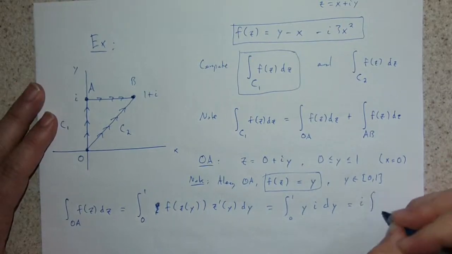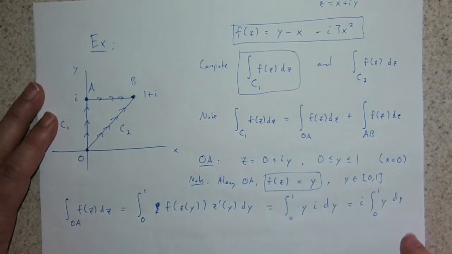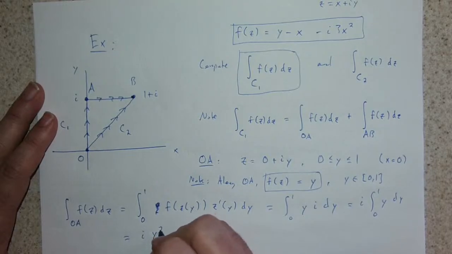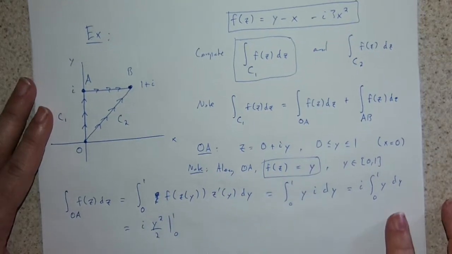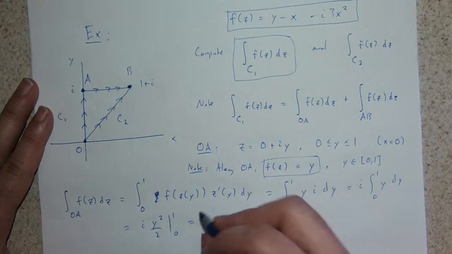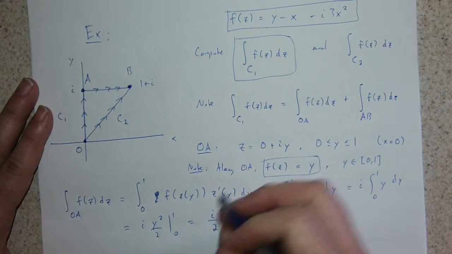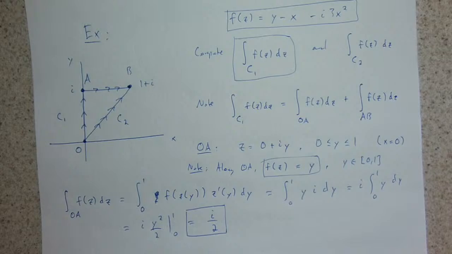So this is I times the integral from 0 to 1 of y dy. The integral, of course, of y dy is y squared over 2. So this is I times y squared over 2, evaluated from 0 to 1. So evaluating at 0 yields 0, and so I'm only getting the top one. So this is 1 squared over 2. So this is I over 2 is what I get from that. Okay.